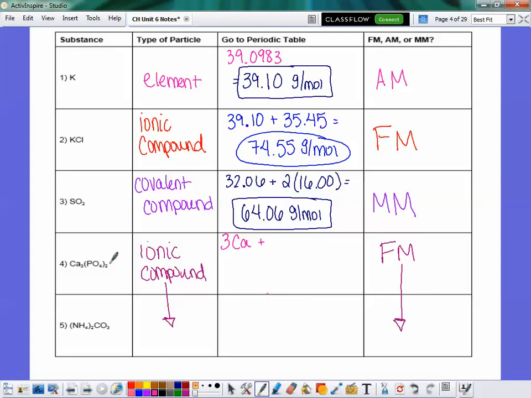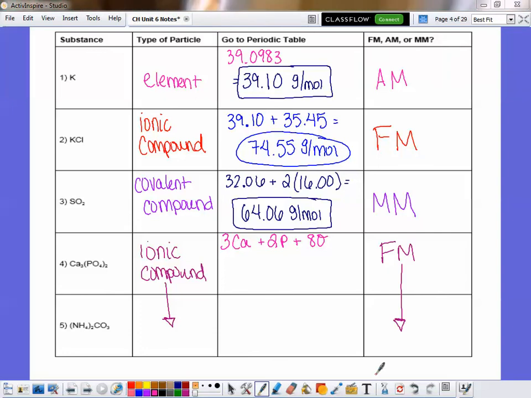The 2 outside the parentheses distributes to everything inside. So we have 2 phosphoruses. And how many oxygens? 8. 2 times 4 is 8. 8 oxygens. So when you do that, you're going to take calcium's mass times 3, phosphorus's mass times 2, and oxygen's mass times 8, and add them all up.